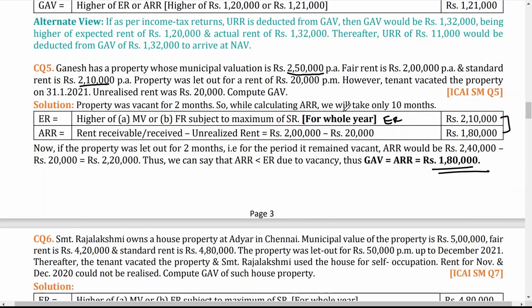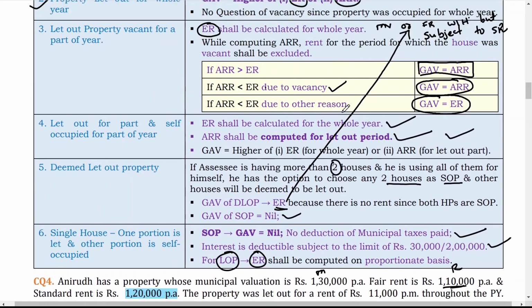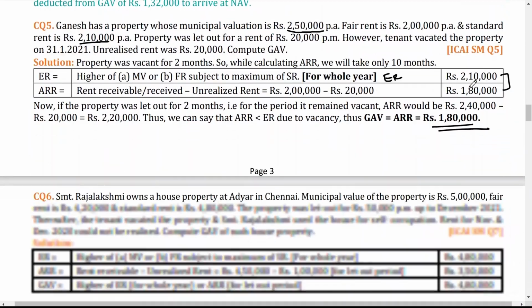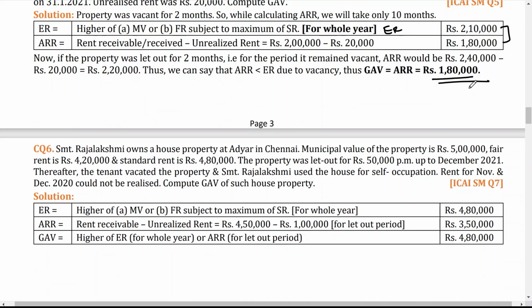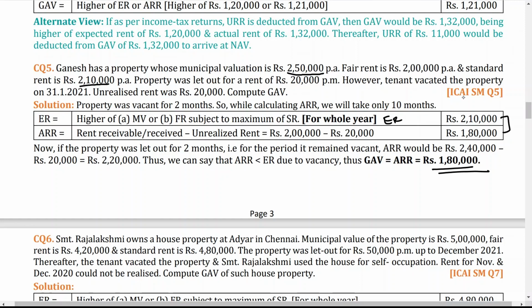Why will ARR become the answer? Because here it is clearly said, if ARR is less than ER due to vacancy, so our house remains vacant, in that case, ARR will become your answer. That is the same situation created here. So in this case, ARR is your answer, this 1,80,000. Why did we get 1,80,000? Because the house remained vacant for 2 months, so you have received rent only for 10 months.